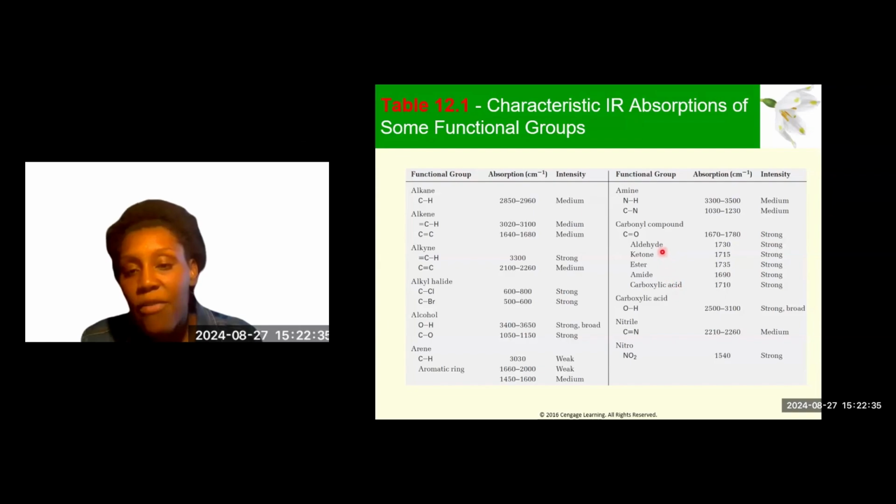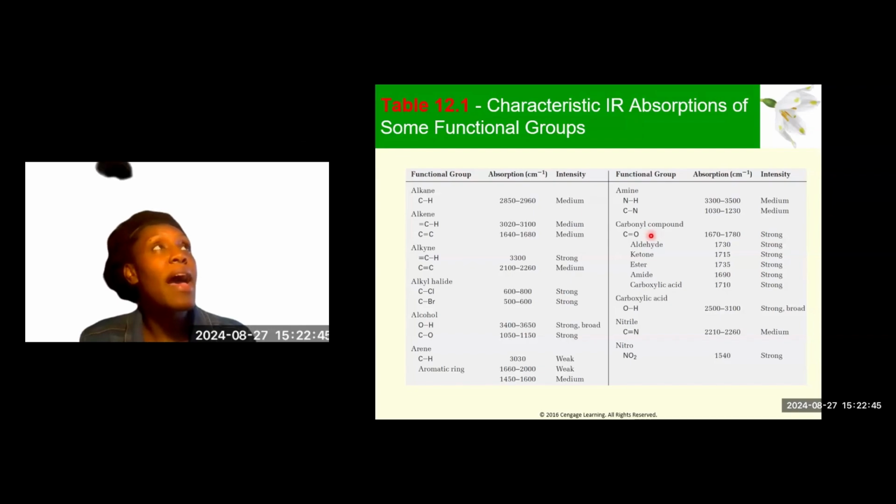All right. And then I want to point out that when you have carbonyl compounds, these are all carbonyls. However, they do show up in different areas, at different frequencies. So aldehydes, ketones, and then you have your esters, your amides.